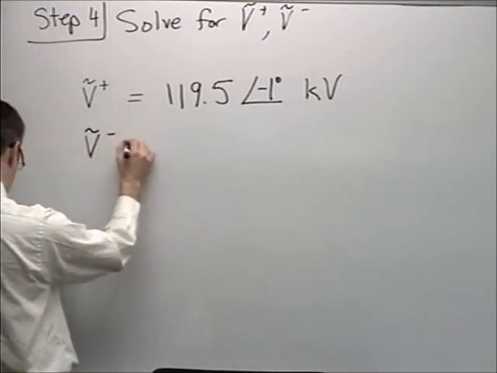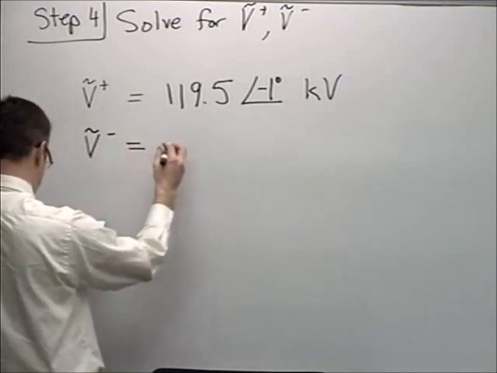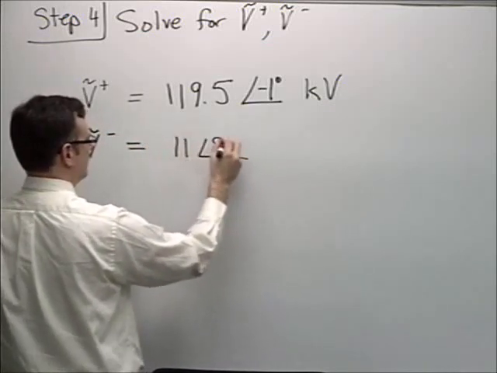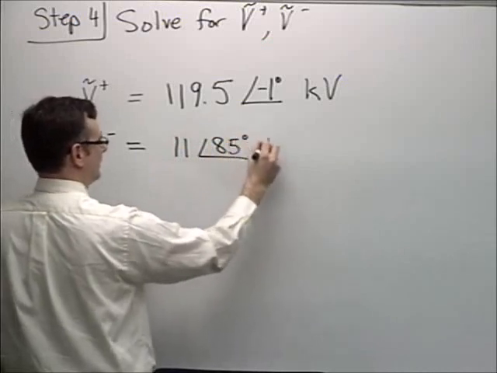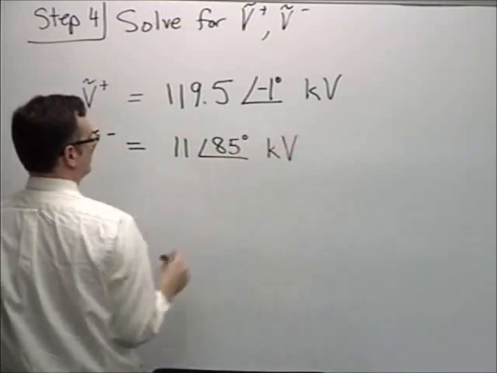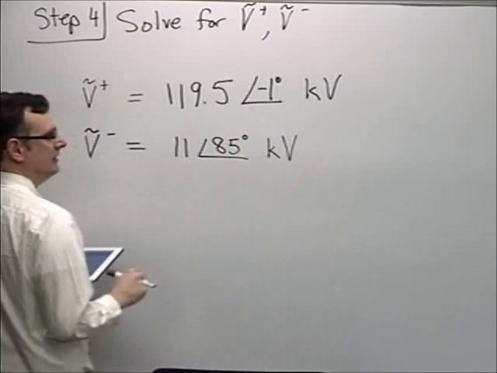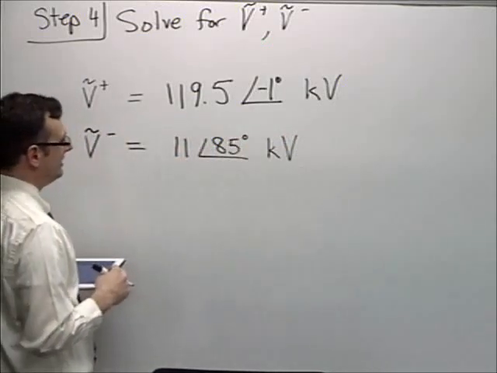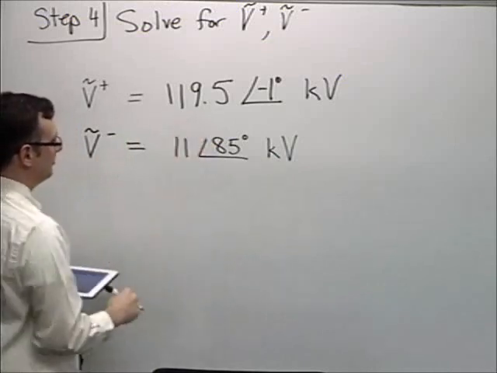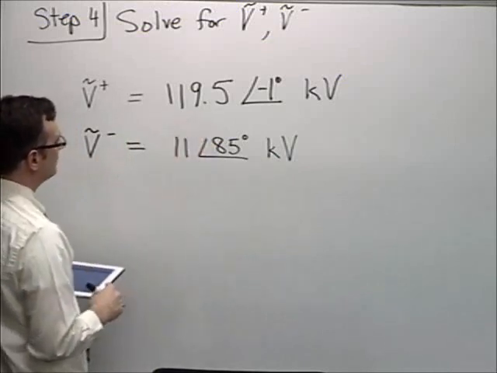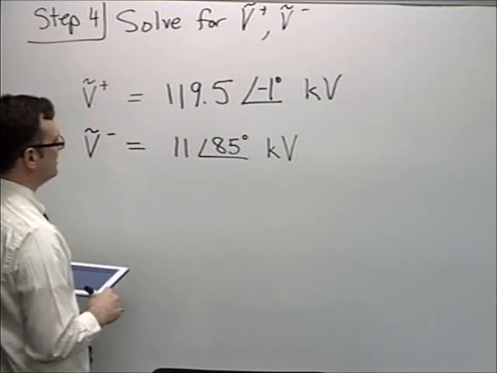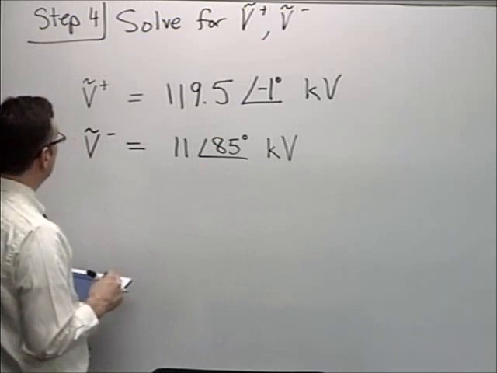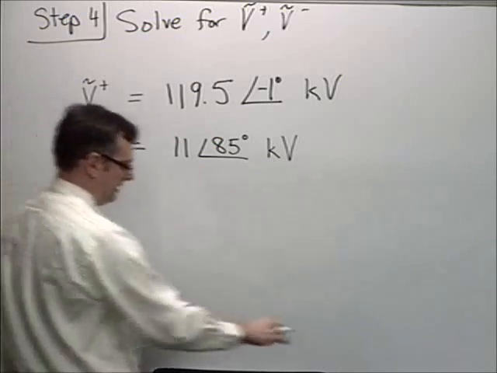That reflected wave, if I calculate it, is 11 kilovolts at an angle of 85 degrees, traveling back this way towards the generator side. So that's 10% of the voltage, almost. A significant amount, and it's quite different in phase as well. So that's step 4. That was easy enough.